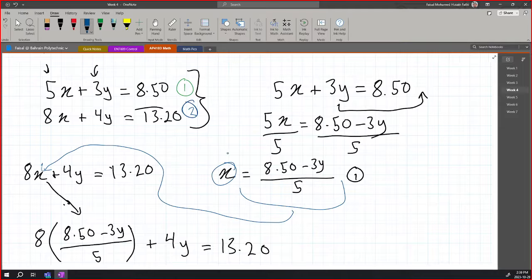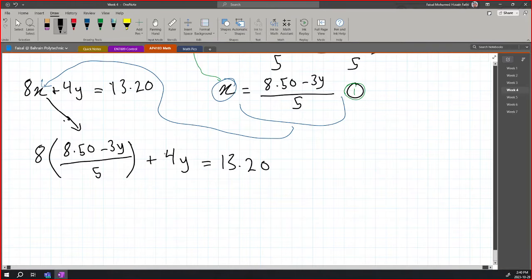Since we used equation 1 to get x by itself on the side, we must do the substitution in the second equation. So the x now needs to go into the second equation. Why? Because if you put it back in the same equation, you're not solving two simultaneous equations. You're trying to solve the same equation by substituting the same number, which makes no sense. This x comes from equation 1, so the substitution has to happen in equation 2. Do not substitute back in equation 1. Alright? Hopefully this concept is clear.